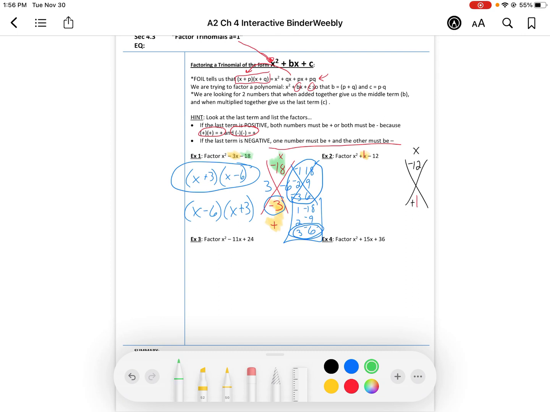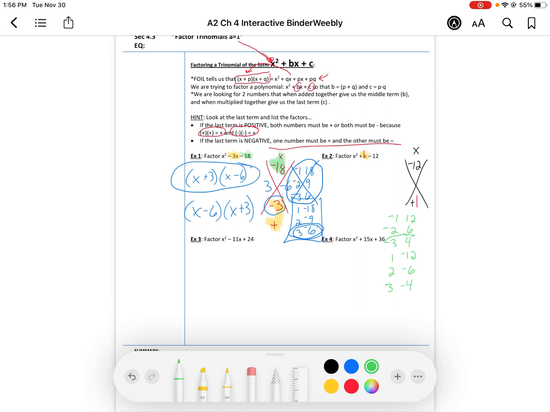So again, start with the ways to multiply to 12. 1 and 12, 2 and 6, 3 and 4. But it's a negative 12, so one of the numbers needs to be negative. Now, these options will only add to positives, which I'm actually trying to add to a positive 1. But it's good to keep in mind, folks, that when you make that list, there is also this second list where you switch the negative over to the other side.